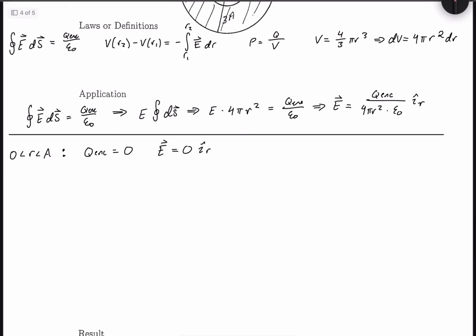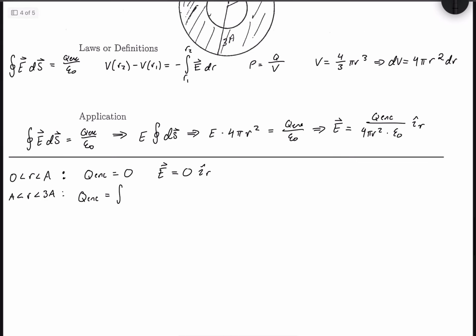All right, so how we're going to do that is we have A less than R less than 3A. And so Q enclosed is going to be the integral of rho times 4 pi r squared.